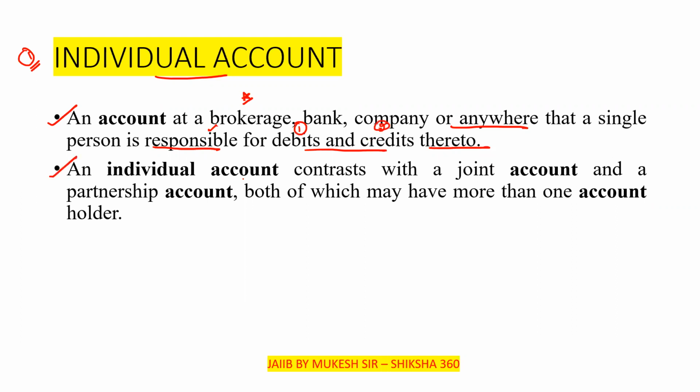An individual account contrasts with the joint account and a partnership account, both of which may have more than one account holder. In the individual account, as the name says, there is only one person.